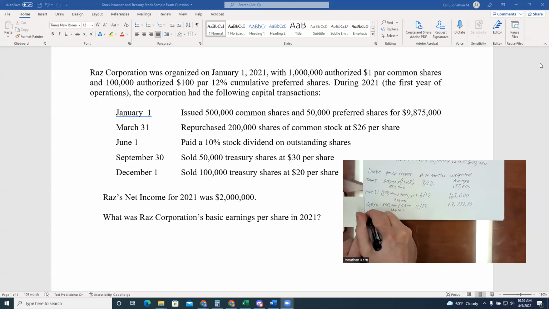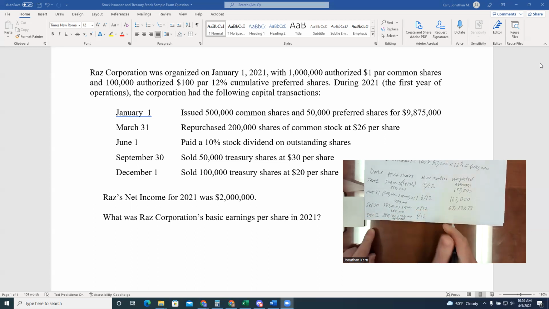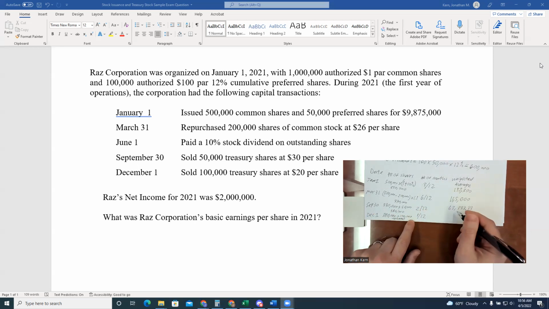And then for December, on December 1st, they sold 100,000 more shares. So we would take the 380,000 shares plus 100,000 shares, and we would get 480,000 shares outstanding. And we would multiply this by 1 out of 12 months for December, and we would get weighted average number of shares of 40,000.